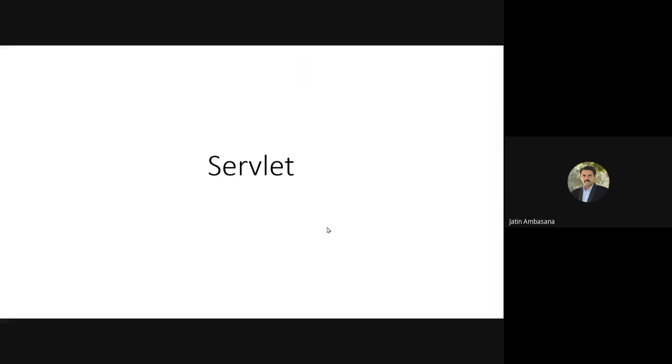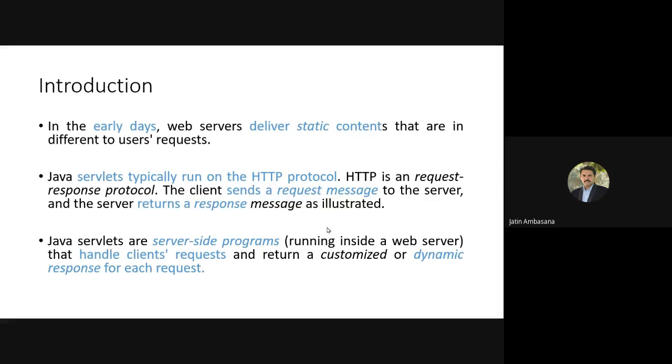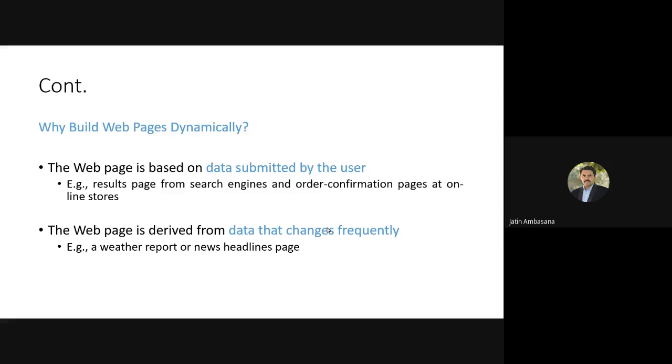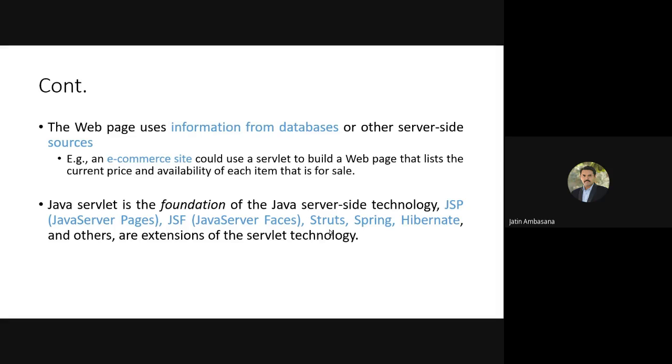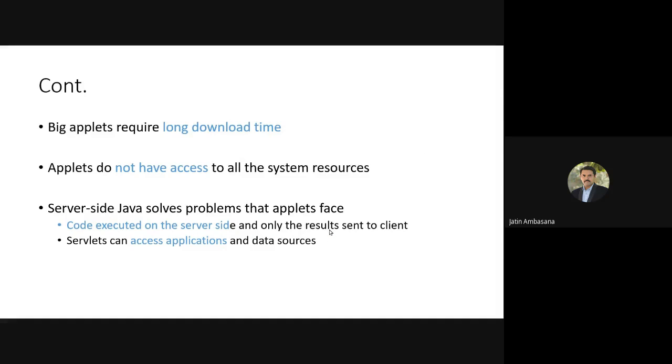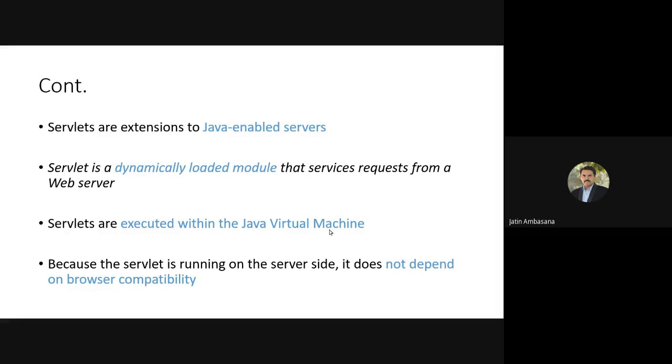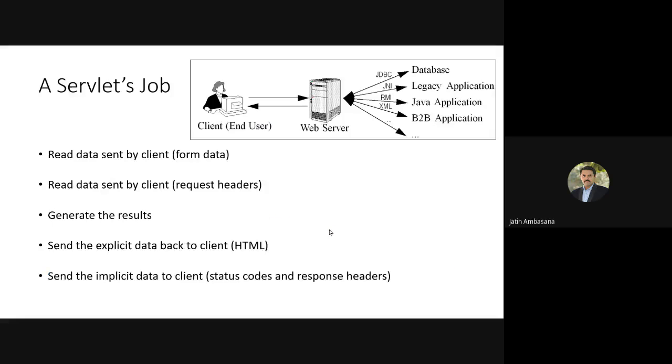In this, we have already seen what servlets are. We had an intro to it, and we have seen why we need to build web pages dynamically. We have also seen what kind of technologies we will be using in this subject, and then we saw what servlets can do, and what a servlet's job is.